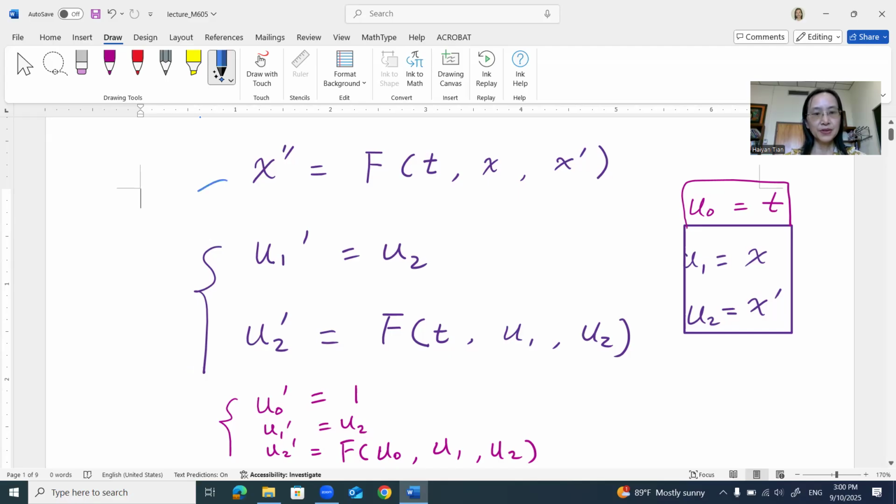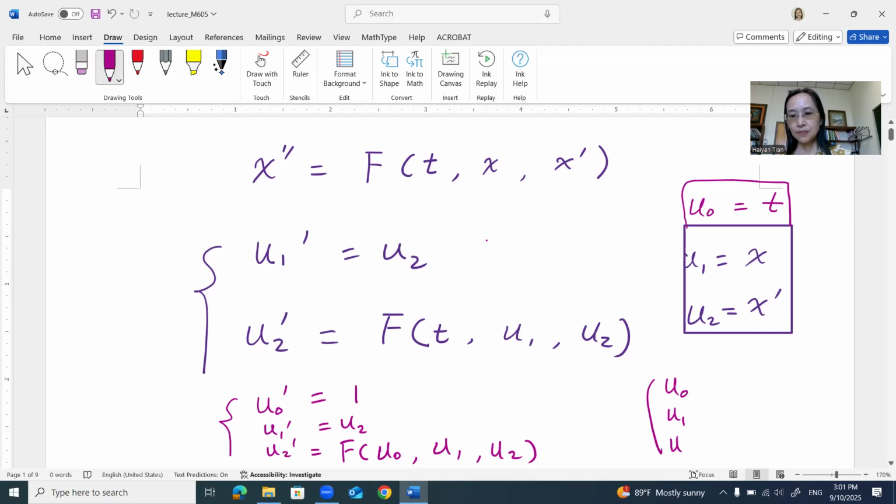So you see, step one, we reduce it to first order. We get more equations. Step two, we make it into an autonomous first order system. So this system, if you write it in the vector form, we have u naught, u1, u2.